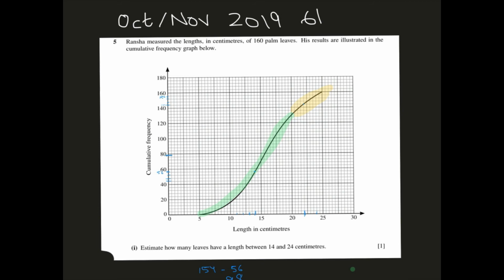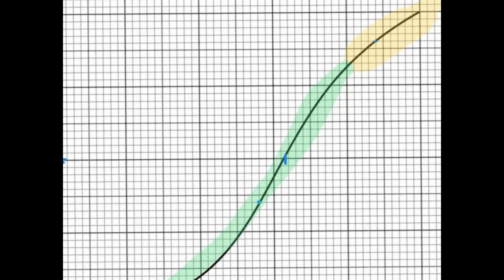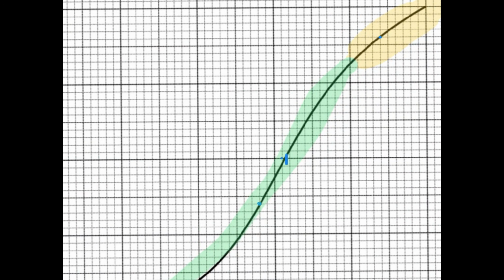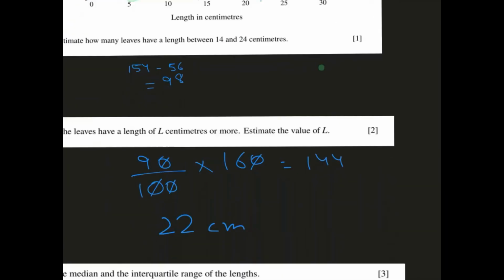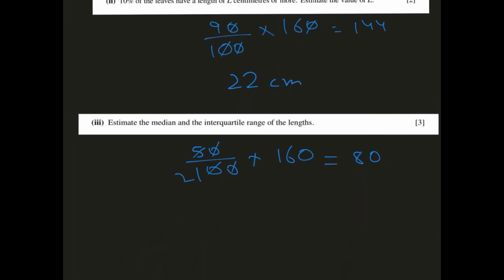So this is 80. We'll find out the value at 80. This must be more than 15.5, since this will be 15.5. So let's just say it's 15.6. So our median will be 15.6.